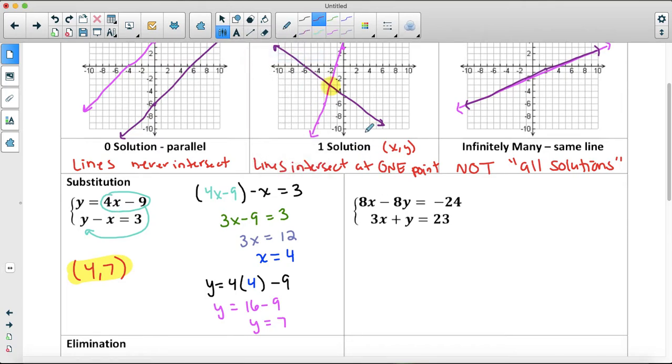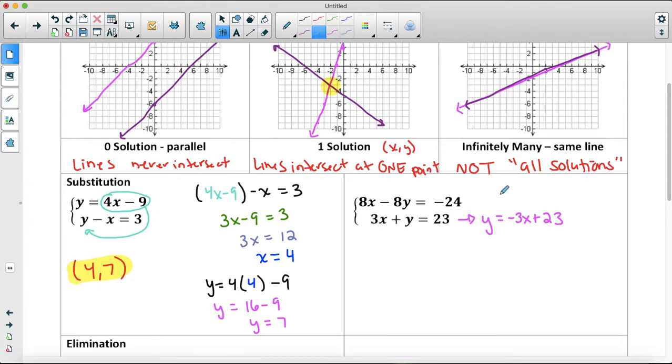This next question, I need to find a variable that I can easily solve for. So on the second equation, I see that y has a 1 attached to it, so we can easily solve for that y here. I'm going to have my y equal to negative 3x plus 23, because we're going to subtract that 3x to the other side.